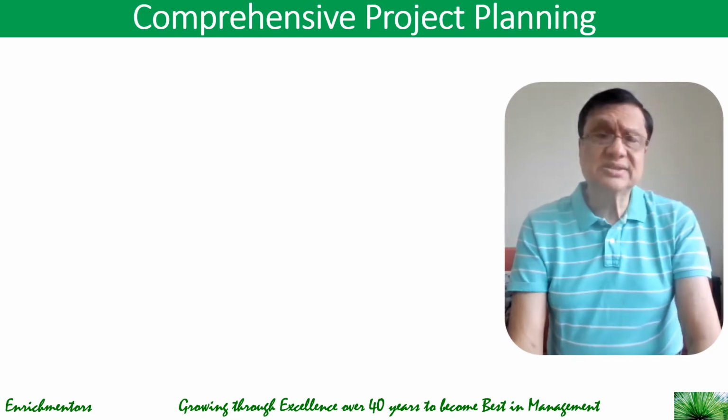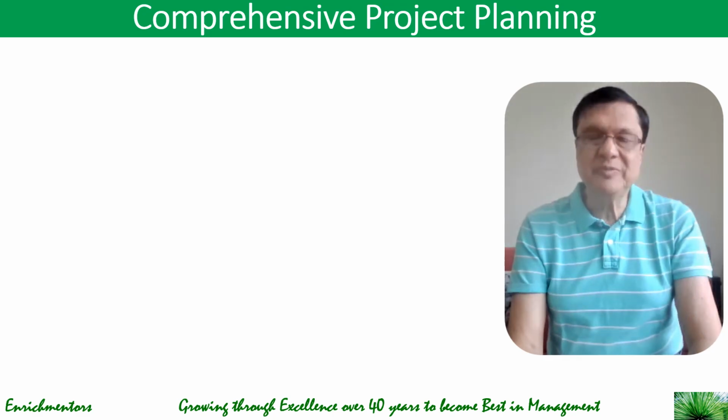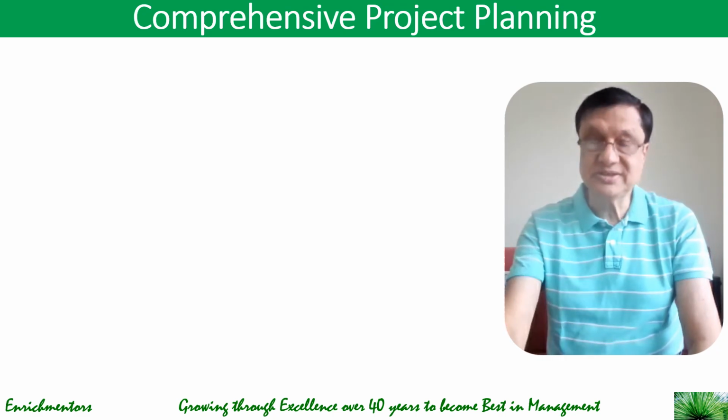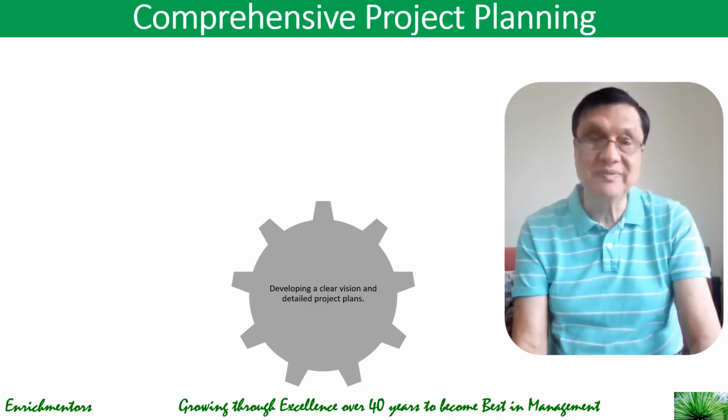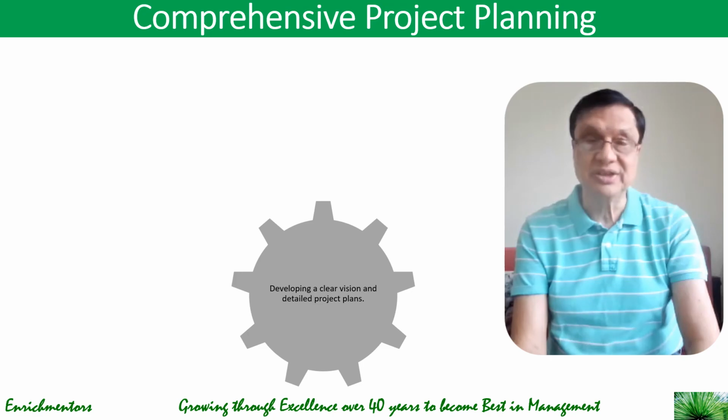So, what all does comprehensive project planning include? Comprehensive project planning includes primarily three things. First is to develop a clear vision and detailed project plans, which is what we will discuss in the rest of this lecture.